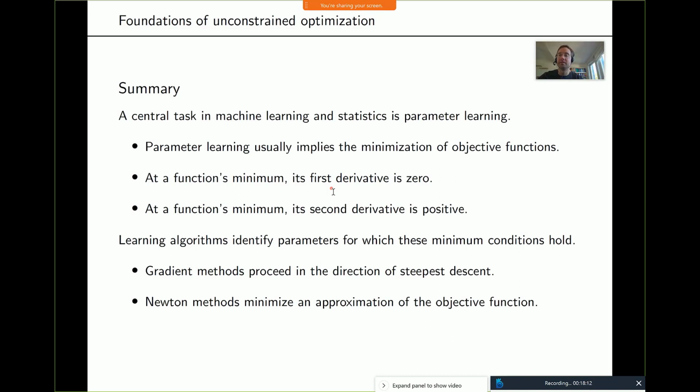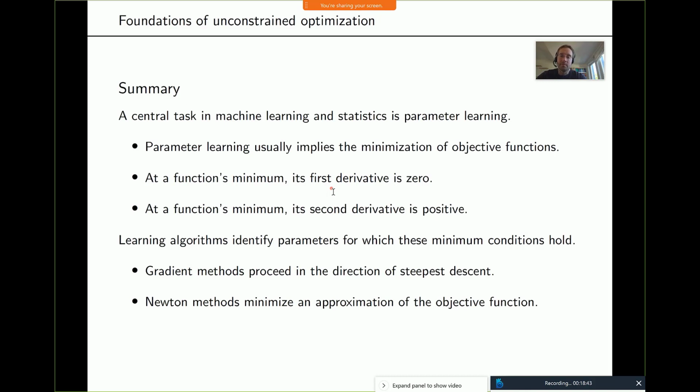These methods can be split into two big groups, namely gradient methods, which proceed in the direction of steepest descent depending on a learning rate or step size parameter, and Newton methods, which approximate the objective function and then find the minimum of the approximation within a given trust region.